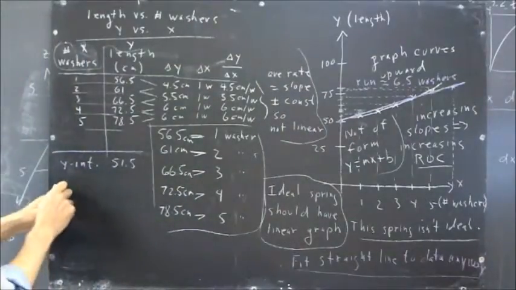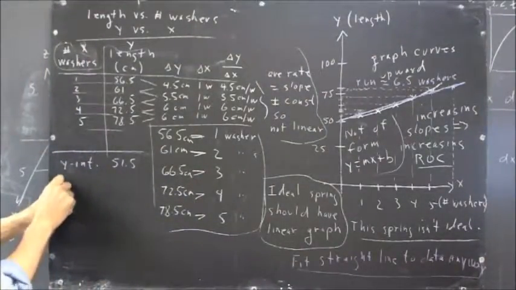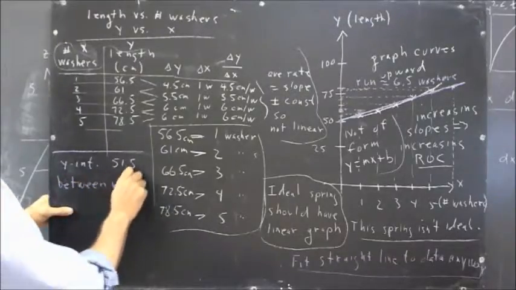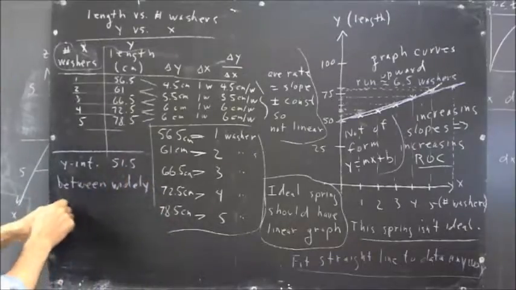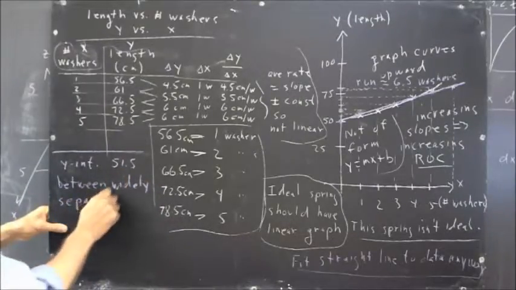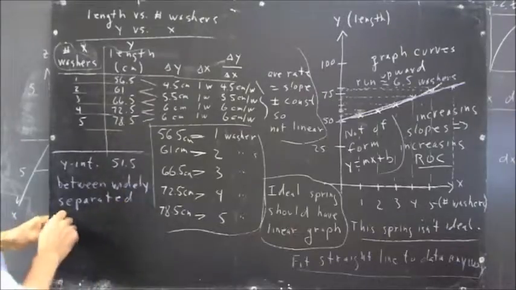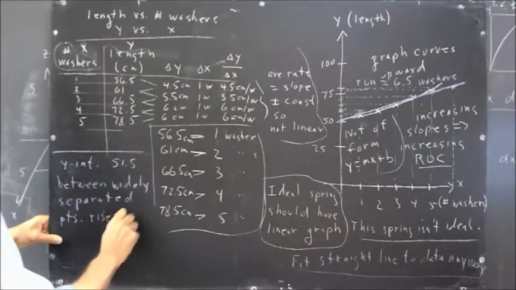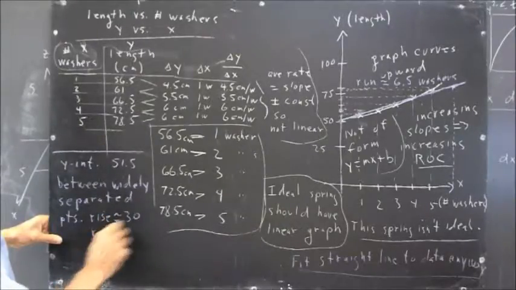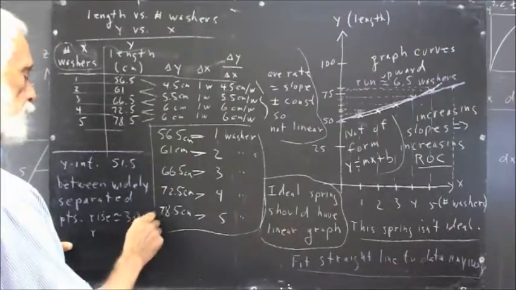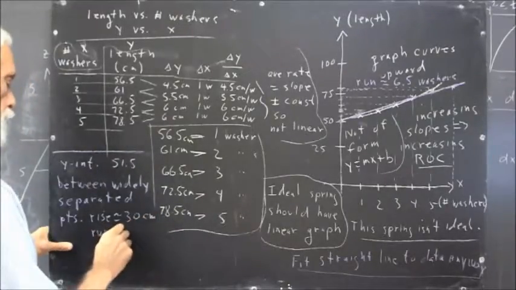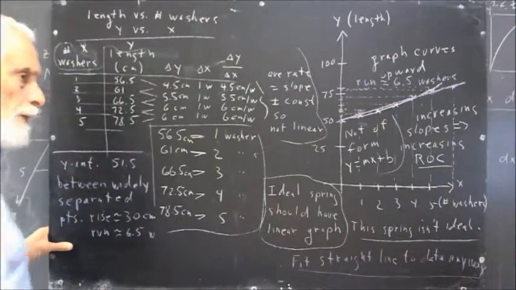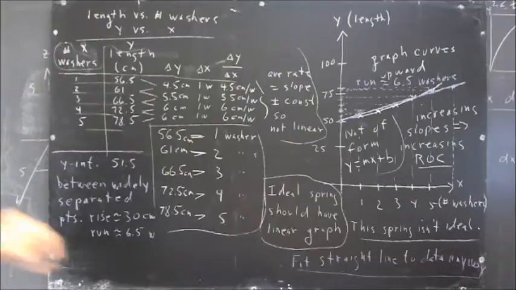So between widely separated points, rise is approximately 30, and that would be 30 centimeters. And the run is approximately 6.5. W stands for washers. Not sure I said that earlier, I should have.